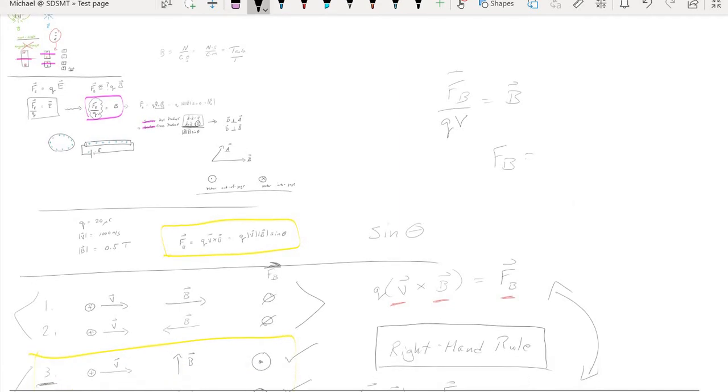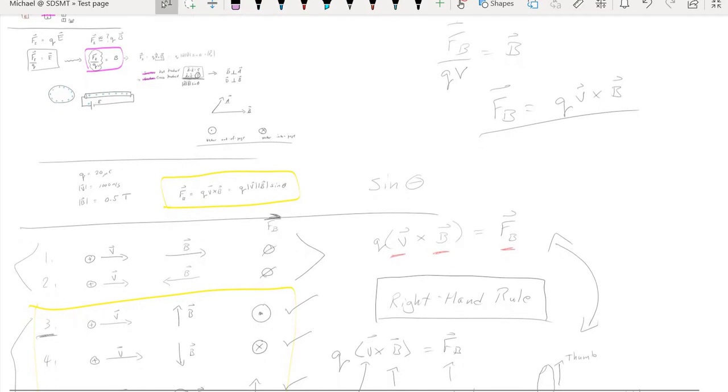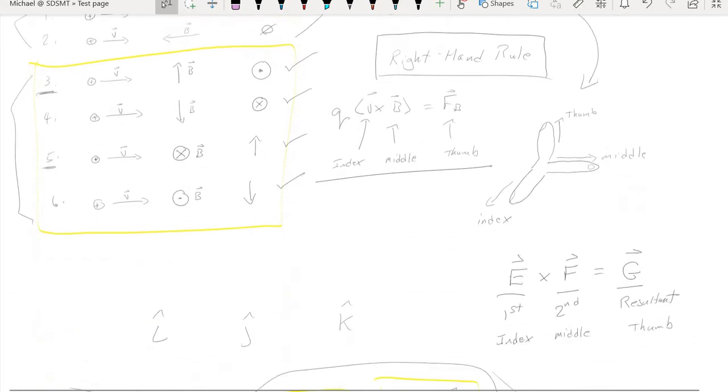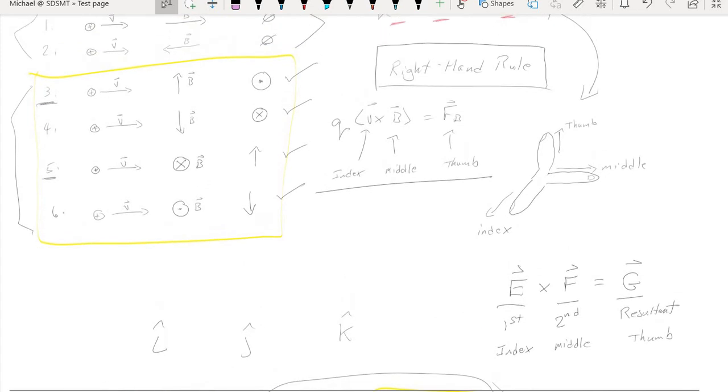But we've now seen that evaluating that magnetic force is a bit more complex because of the fact that we're producing that force from two different vectors. And that vector multiplication has to be the cross product, not the dot product, the cross product. And that cross product takes a bit more effort to evaluate.